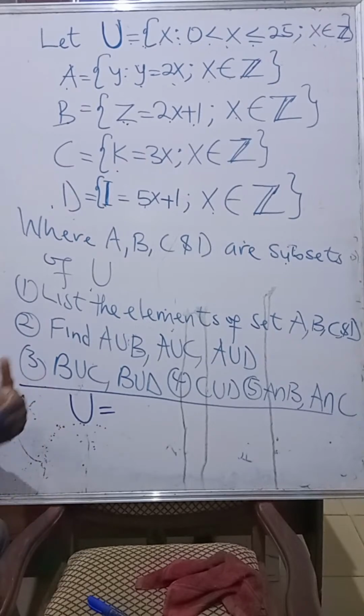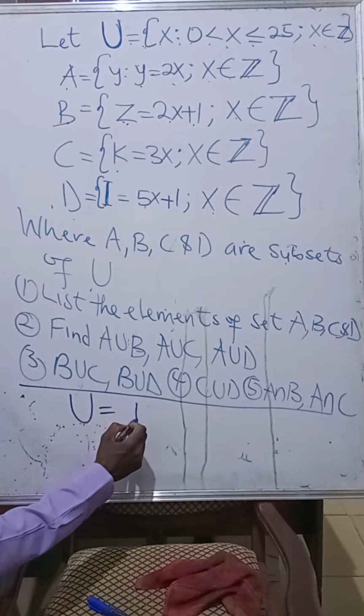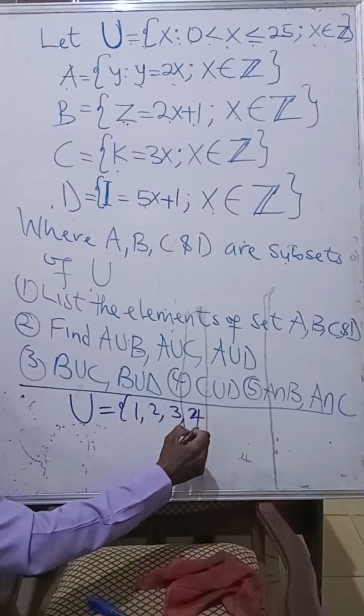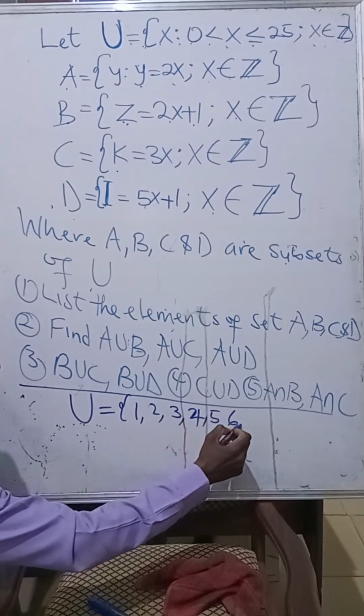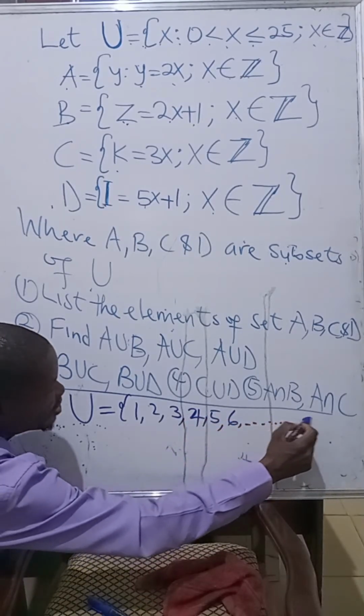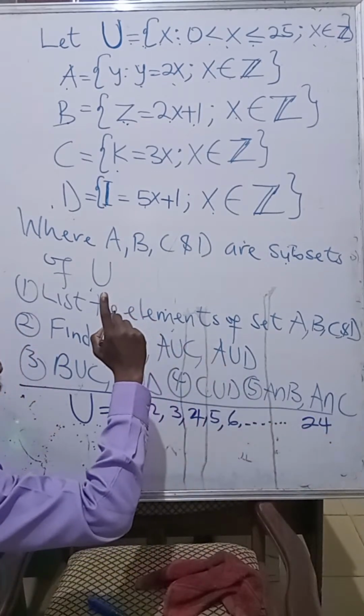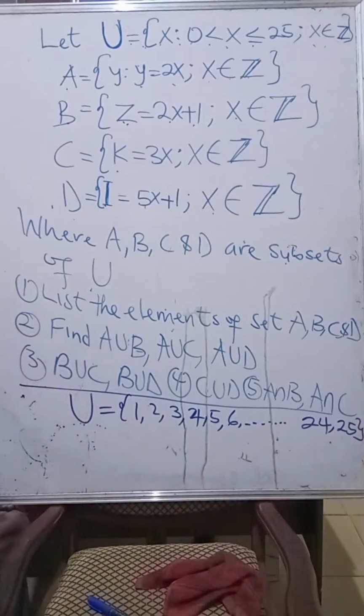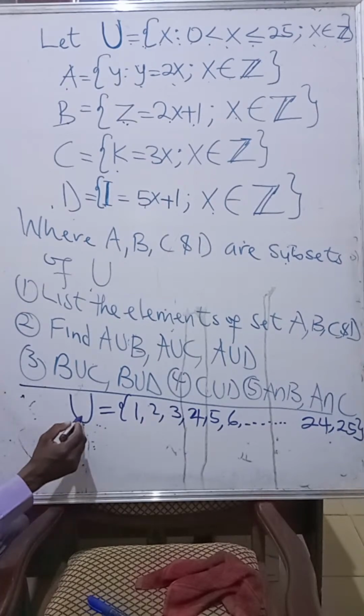If 0 < x, that means x is more than 0, so the values start from 1, 2, 3, 4, 5, 6, and it goes on until 24, and 25. So that's your universal set: 1, 2, 3, up to 25.